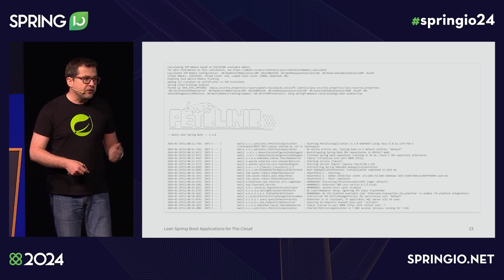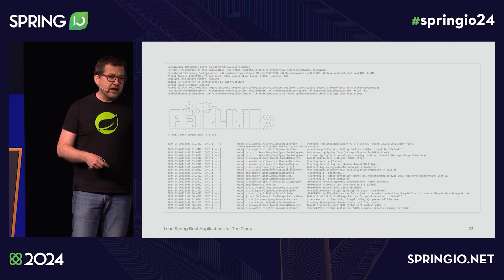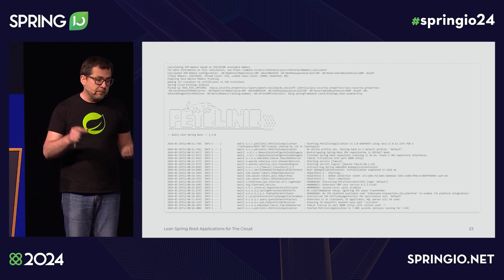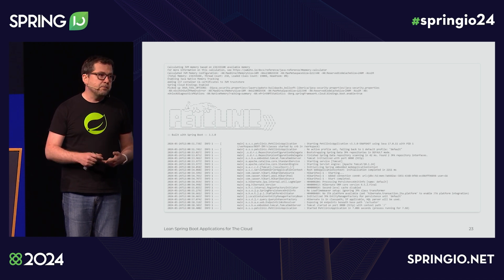So it's going to patch, for example, the CA certs. It, for example, calculates the parameters for your memory usage of the JVM. It adds parameters like the Spring Cloud bindings, which actually enables you like liveness and readiness probes automatically. You just don't have to think of this.